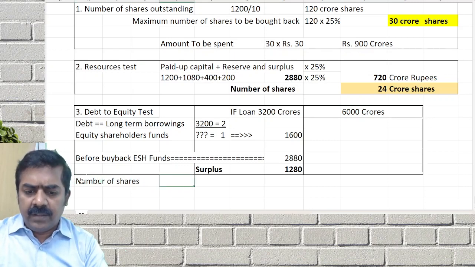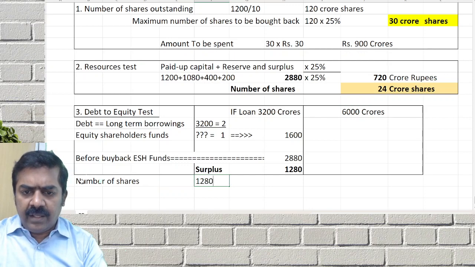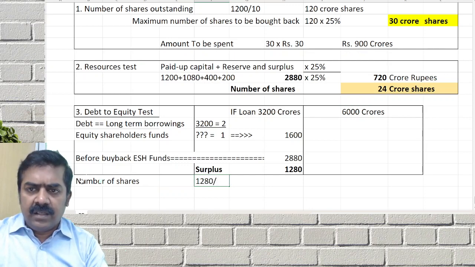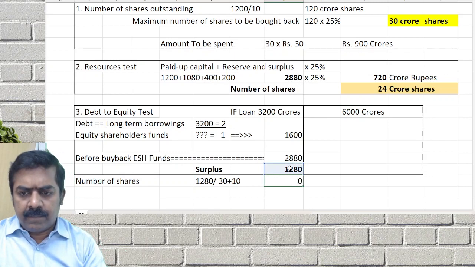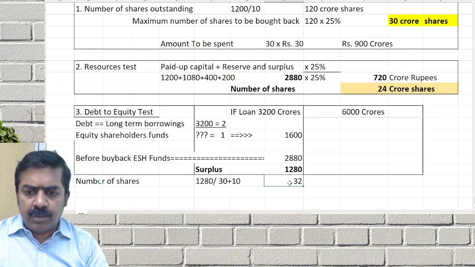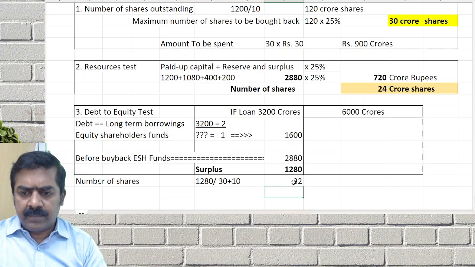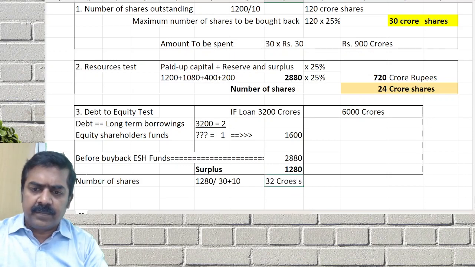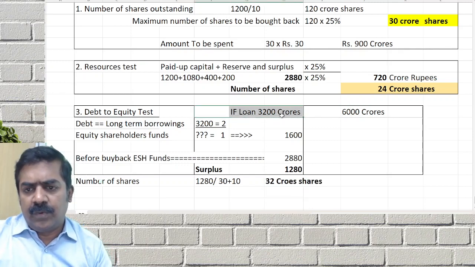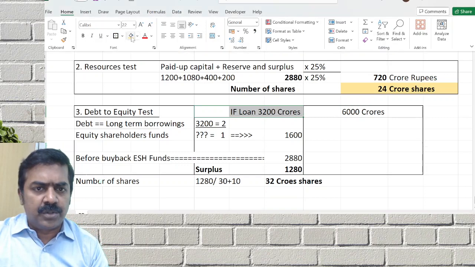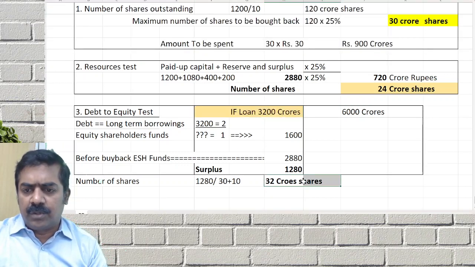Number of shares will be 1,280 divided by, for every 30 rupees paid, we have to create a CRR of what? 10 rupees. 32 crores we can buy. If loan funds are 3,200 crores, we can buy 32 crore shares.